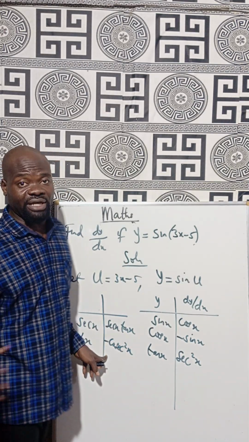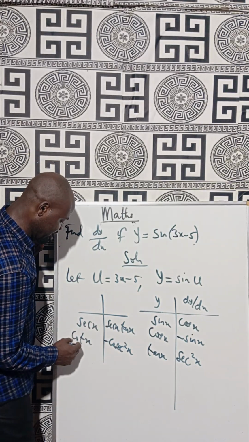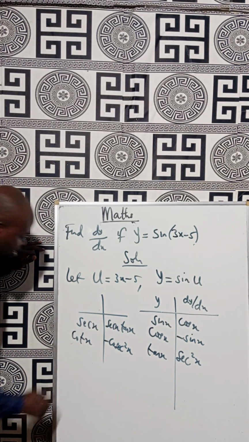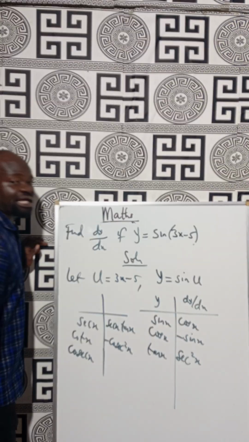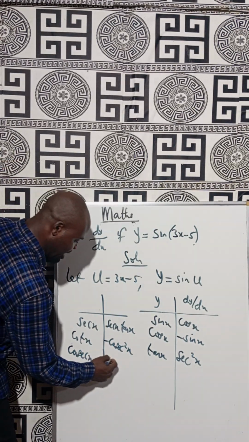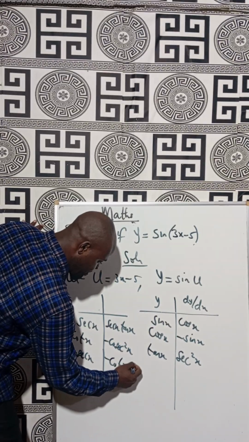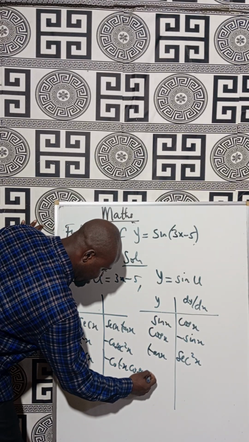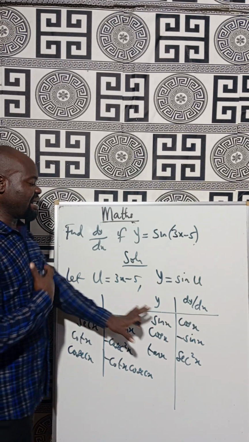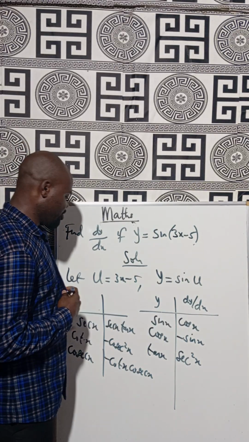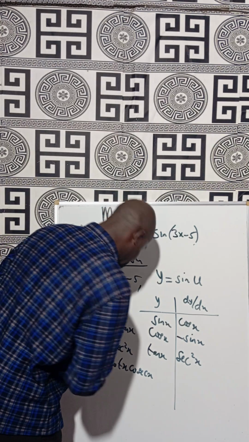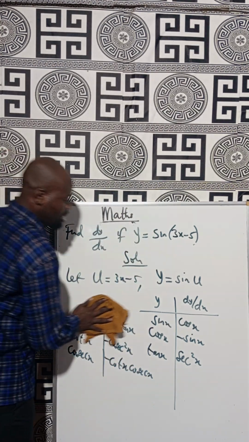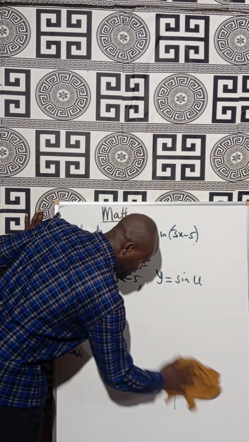Note that. And the last one is cosec. If you have cosec x, it's going to turn to minus cosec x cot x. So please just try and learn this. Put it down in your notes and learn it later. Note that. So now let's continue from where we stopped.